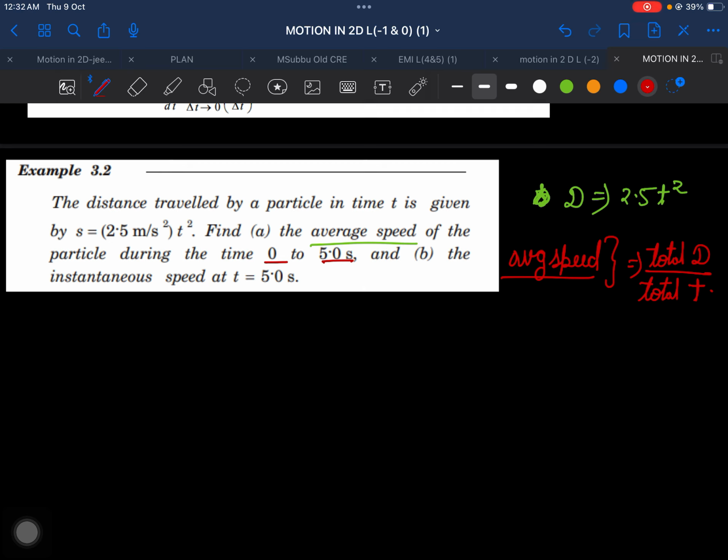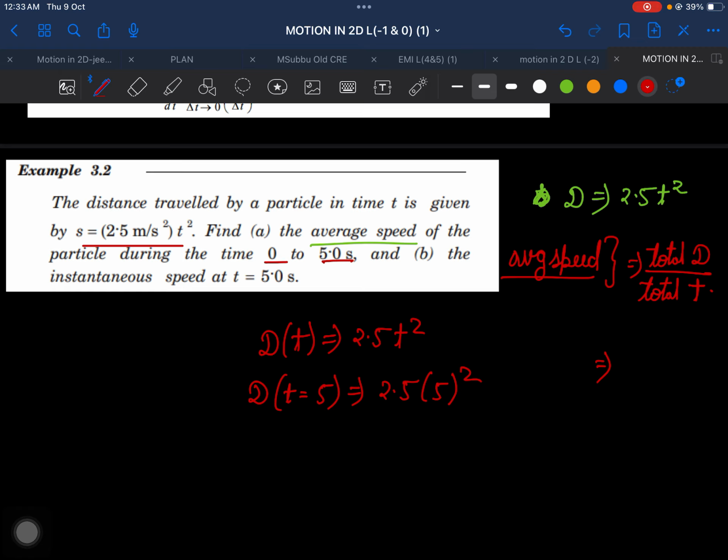Okay, so this is distance. So when you put t, d as a function of t is given to you as 2.5 t square. If you put t equals to 5 seconds, then this will be the total distance, right? So 2.5 into 5 square. This is the total distance covered in 5 seconds. All right, and what is the time taken?